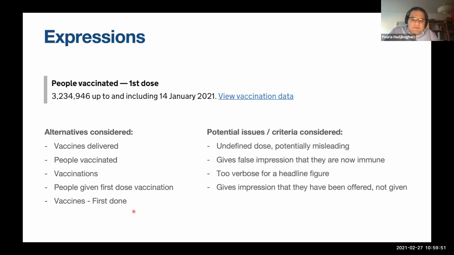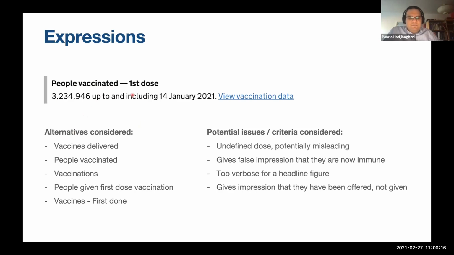So each of these might be suitable. They all, you might think, say the same thing, but that's not necessarily the case, because you might have undefined dose. So that would be potentially misleading, or you might be giving false information because you're saying people vaccinated, and people looking at that would assume that these people are now immune, and they're not.